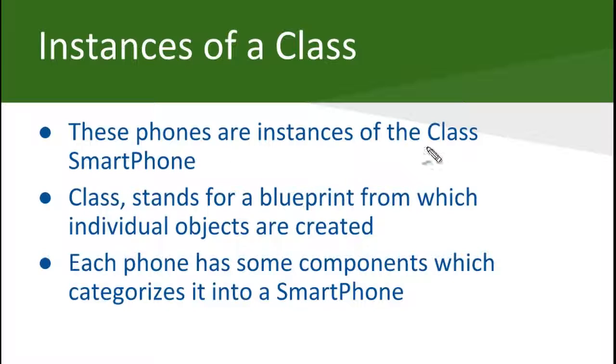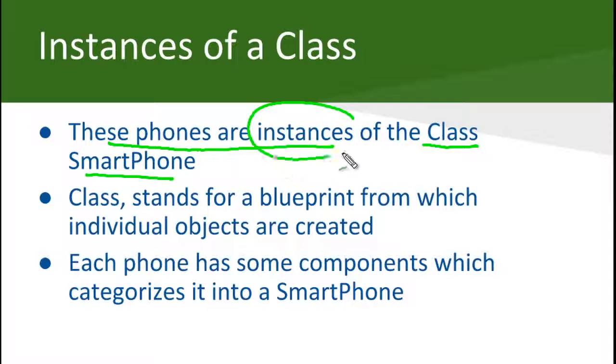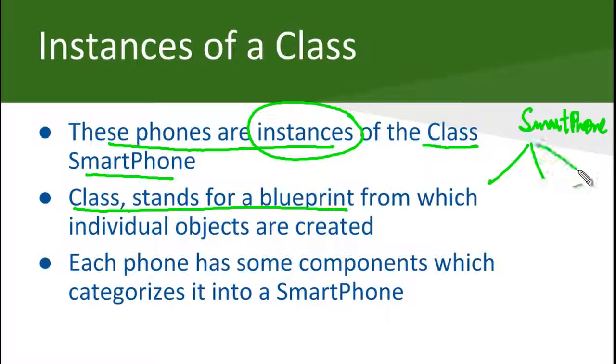Now we can say that there is a class smartphone and these phones are instances of that class. Now class here kind of stands for a blueprint from which the individual objects are created. So you can say that there is a smartphone class and it can have various kinds of smartphones, thousands of smartphones.